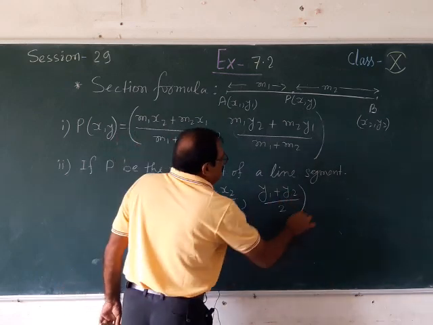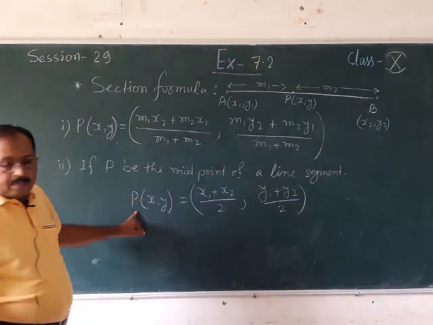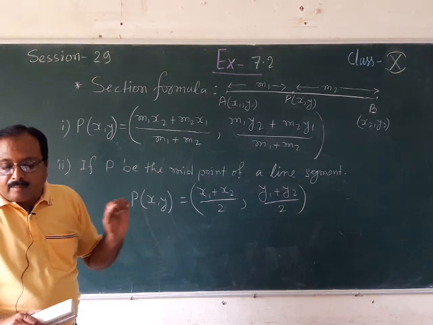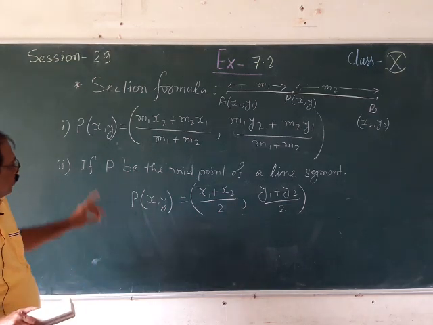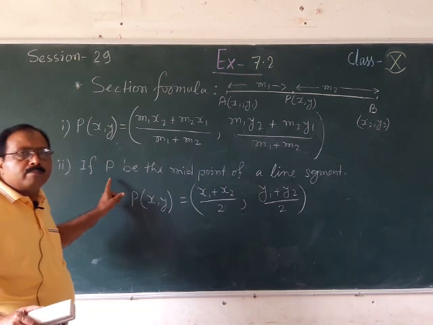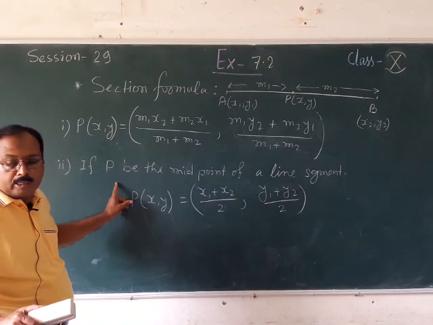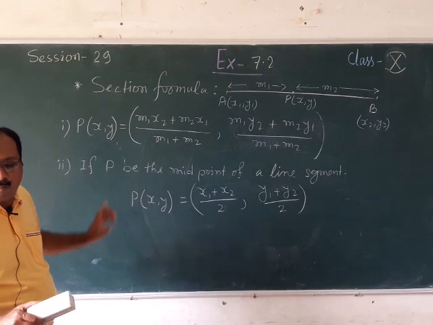This will give you the coordinate of P in case P is the midpoint of this line segment AB. This is also known as the midpoint formula.